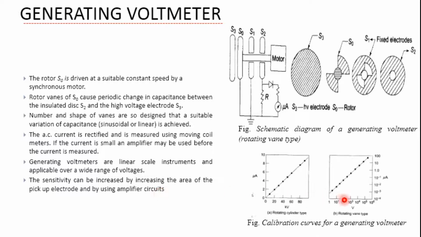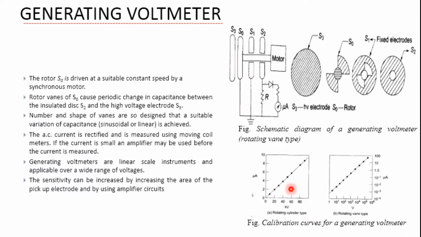These are the calibration curves for the generating voltmeter, for the rotating cylinder type and the rotating vanes type. By variation of these values, we get the voltage with respect to the current. Means we are measuring the voltage in terms of a current, because we know that Q is equal to C times V. So by any change in the charge, we are able to measure the voltage in terms of the current.